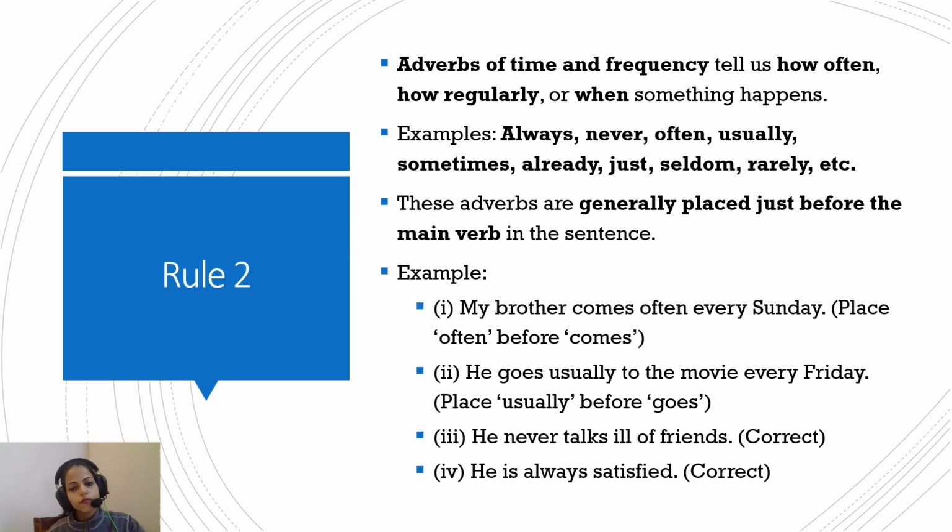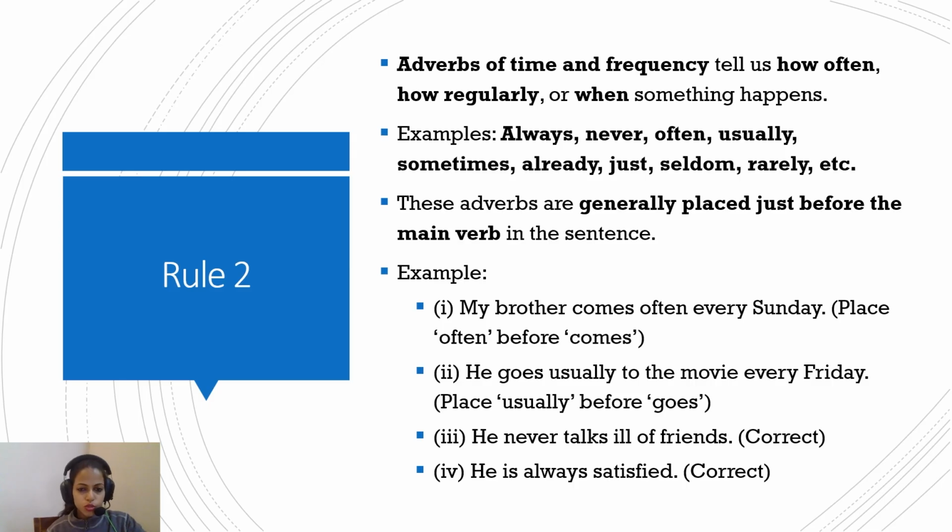These adverbs are generally placed just before the main verb in the sentence. It's commonsensical also. If something is telling the time or frequency of something, it should be placed just before that something. Here, if the adverb of time is modifying the verb, it should be placed just before the main verb so that it can impact that main verb.